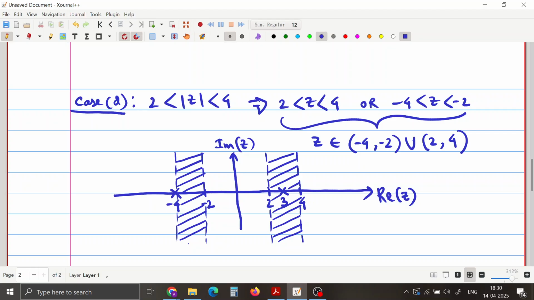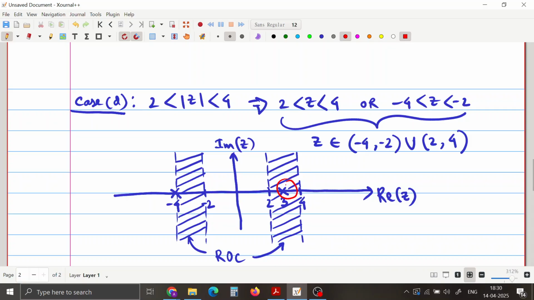Okay, so this is my ROC shaded region. So now as you can see, the pole at -4 is at the boundary of the ROC, which is allowed, but the pole at z equals 3 is present inside the ROC, it is contained within the ROC. So this is the problem here.